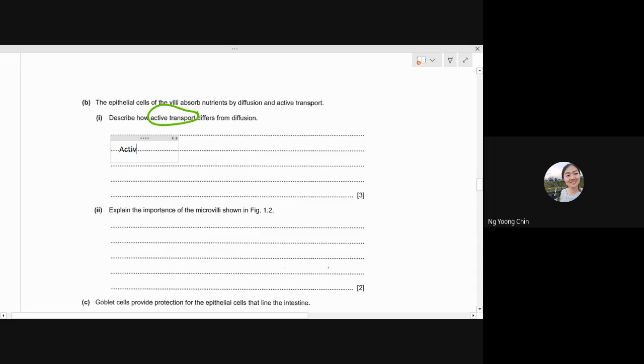Active transport requires ATP energy to transport particles against the concentration gradient.